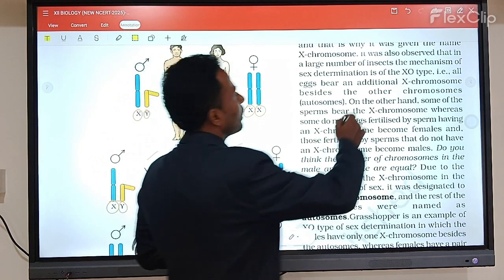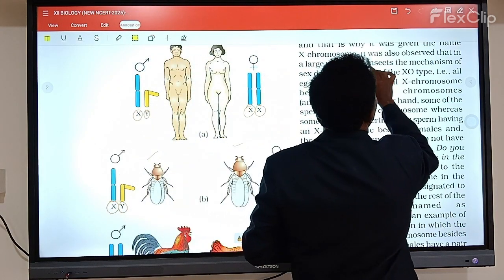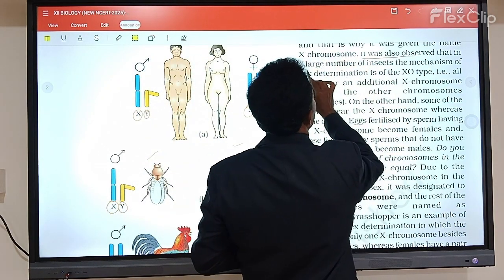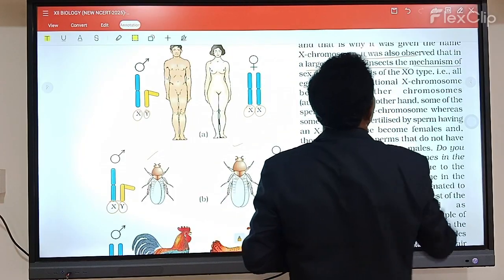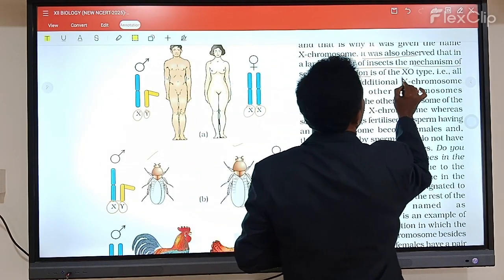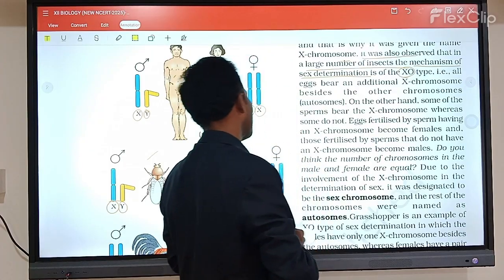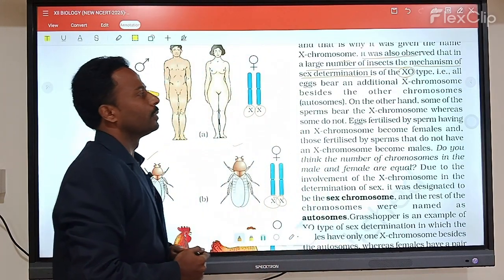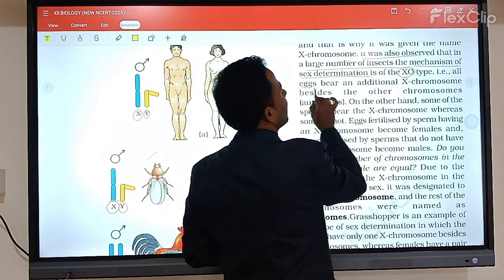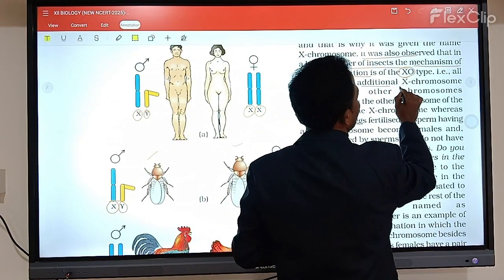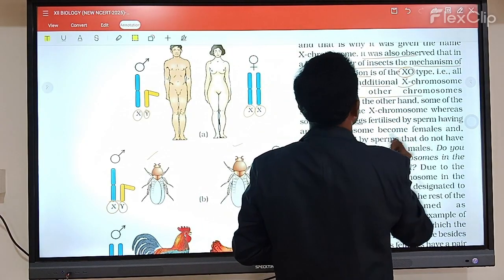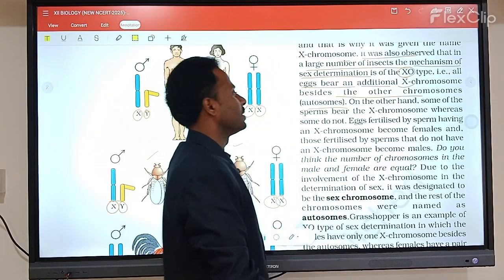It was also observed that in a large number of insect organisms the sex determination is of the XO type. Here all eggs bear an additional X chromosome, and the other chromosomes besides the X chromosome are called autosomes.